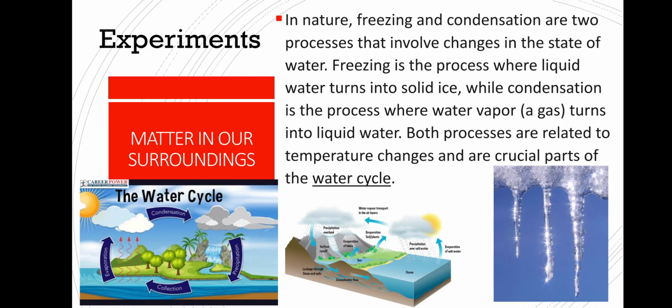Then, as precipitation, the clouds are formed, and when the precipitation takes place, the rainfall is there. So again it comes back to the land as well as the sea, and that water cycle continues.